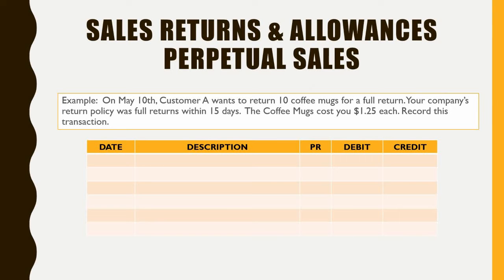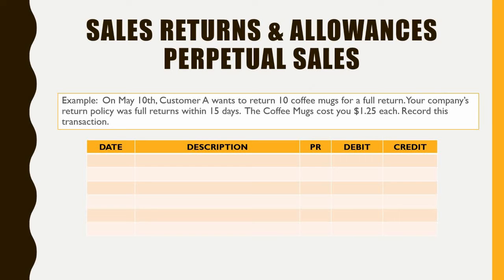In this case, sales, as we mentioned from the previous one, it doesn't matter what kind of inventory tracking method you're using. Sales is finite, which means you cannot undo sales. So you still have to use that same account, sales returns and allowances.